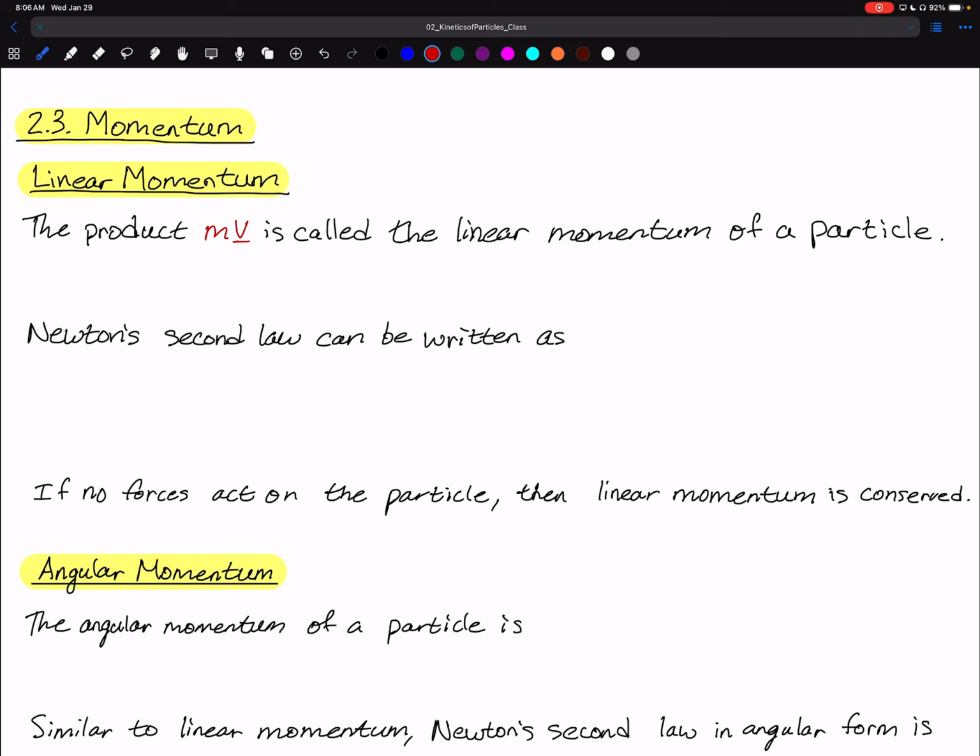The product of the mass times the velocity vector is called the linear momentum of the particle. We define the linear momentum to be capital L, simply equal to mass times velocity. With that in mind, Newton's second law can be written as the sum of the vector forces equal to L dot, the rate of change of the linear momentum.